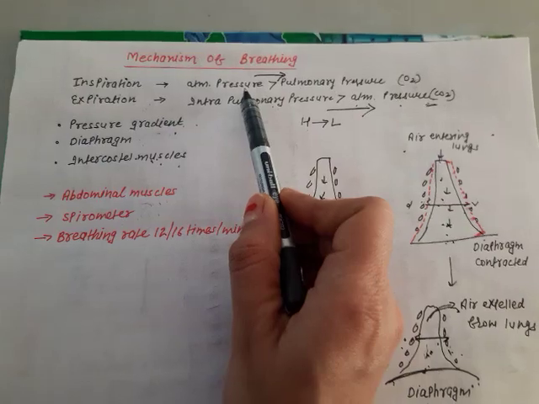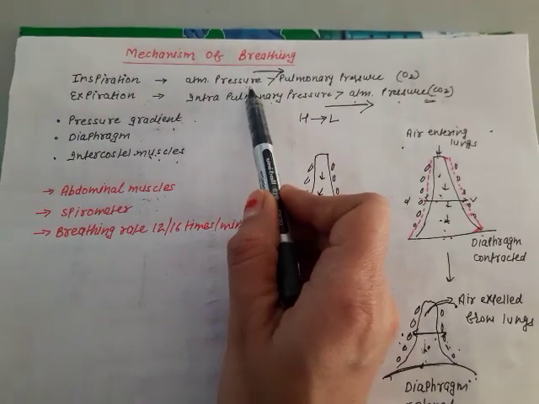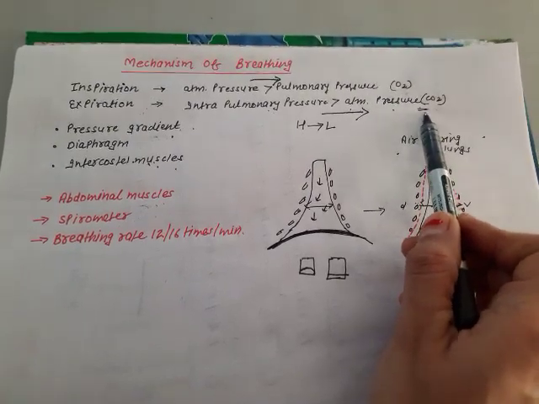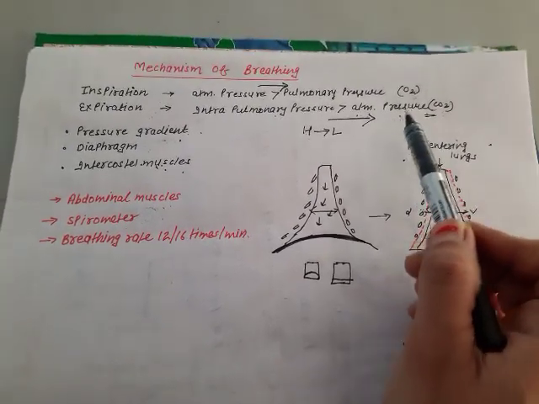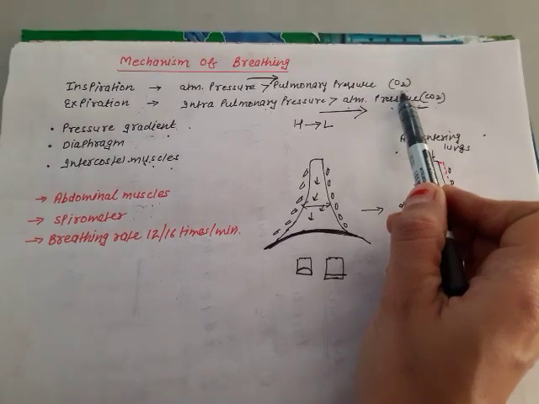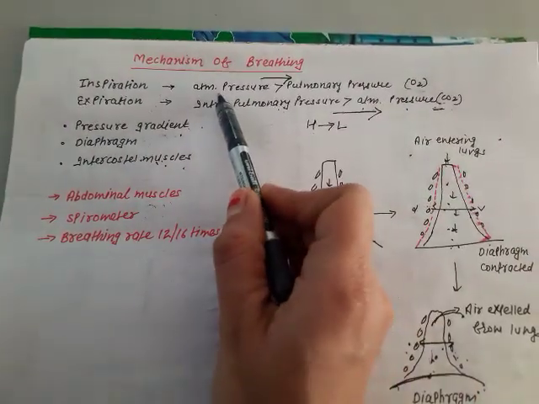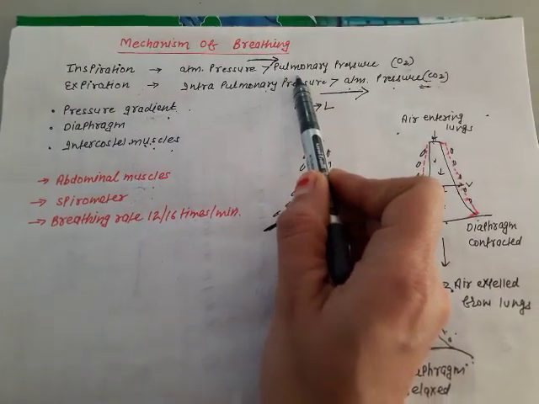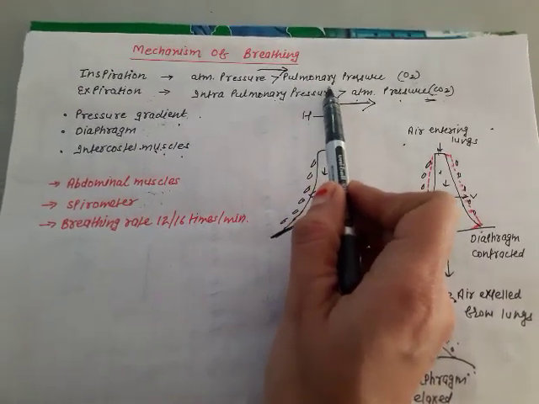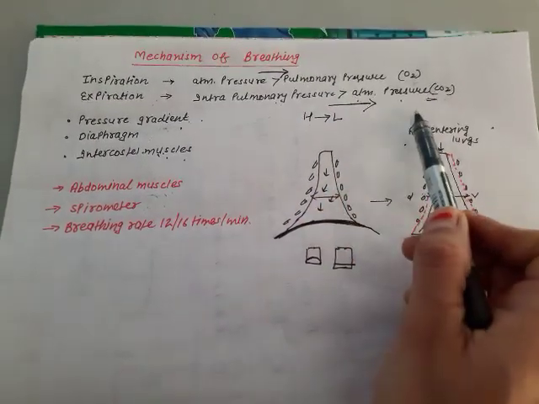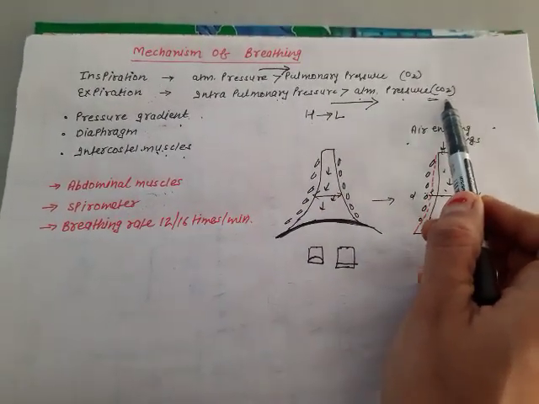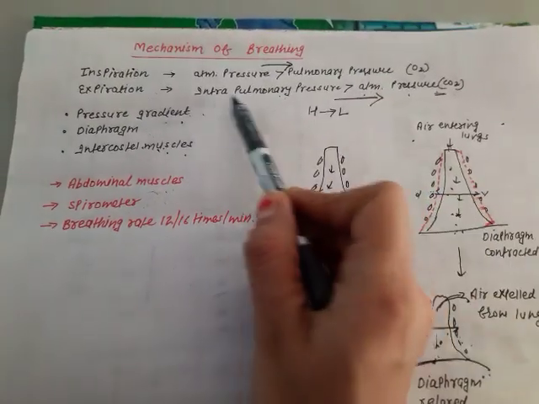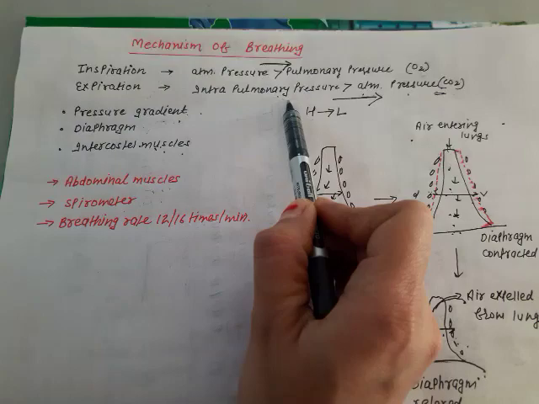atmosphere contains 21% of oxygen but 0.003% of CO2. That means the pressure of oxygen is more in the atmosphere than in the lungs. Pulmonary is the term used for lungs, and the pressure of CO2 is less in the atmosphere but more inside the lungs.